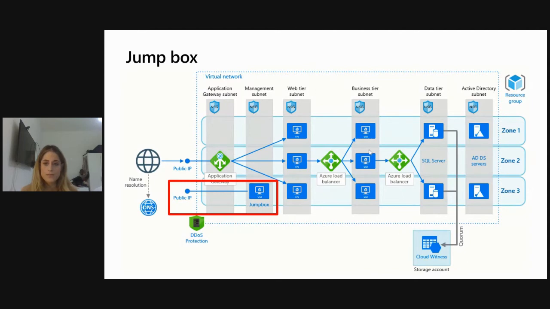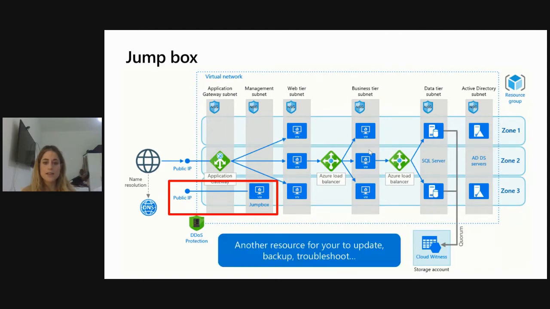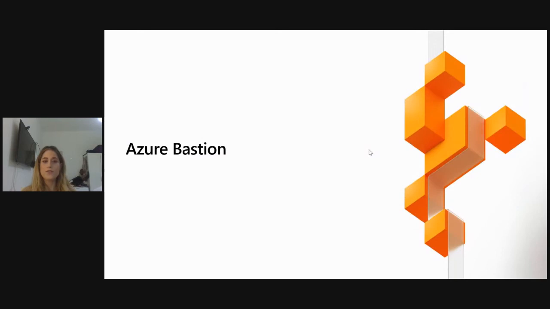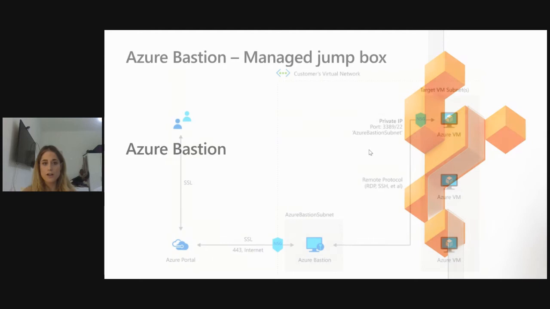So this is obviously the best approach we've seen so far, but as Microsoft sees this kind of deployment as a very common best practice, we decided to give it to you as a managed service. So Azure Bastion is basically all this fancy explanation we just went through: a jump box. Azure Bastion is simply a managed jump box.